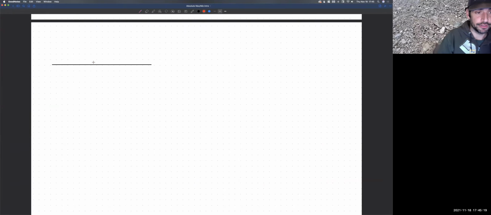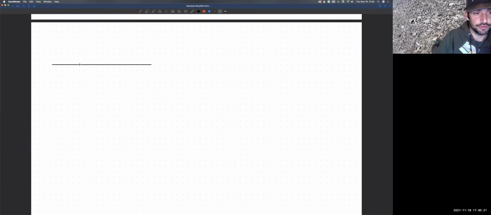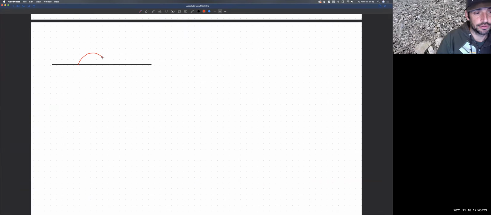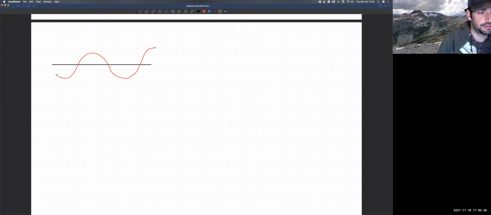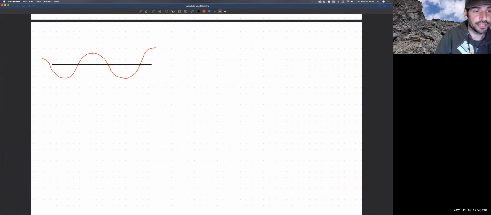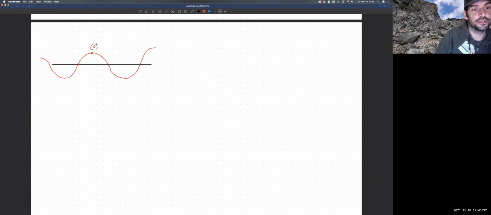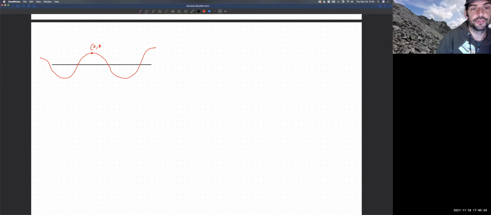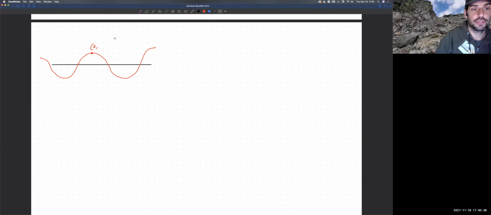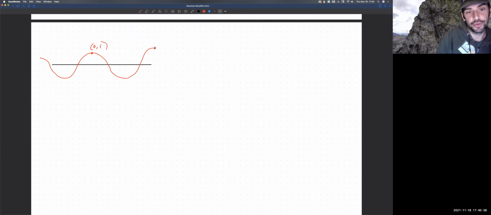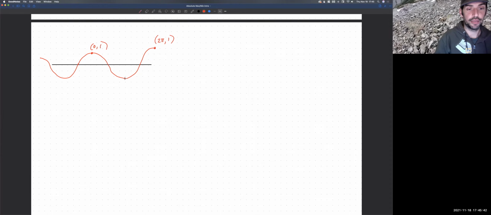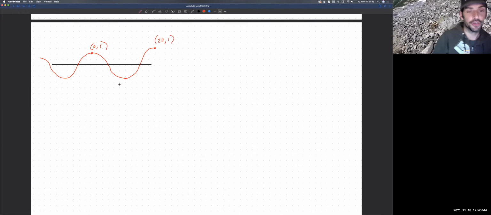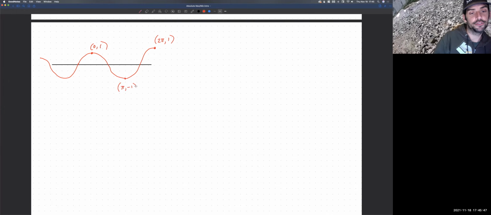let's do just a little piece of it. I'll make this one, for instance, at 0, 1. There's another maximum over here at 2 pi, 1. We've got a minimum over here at pi, -1.